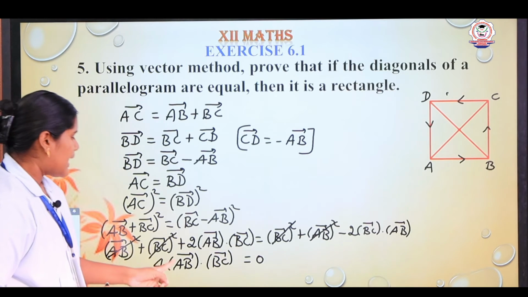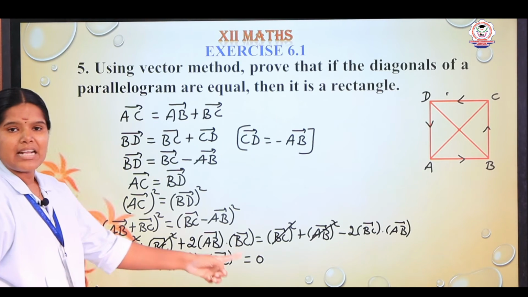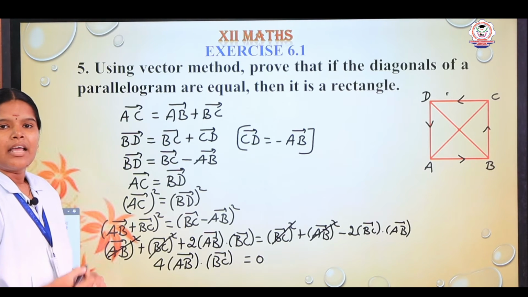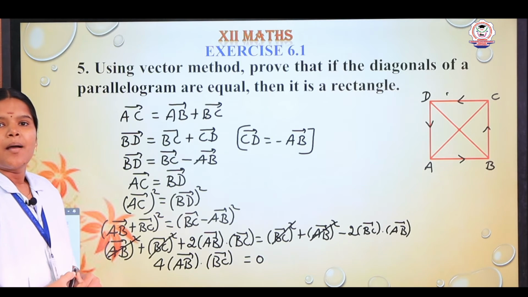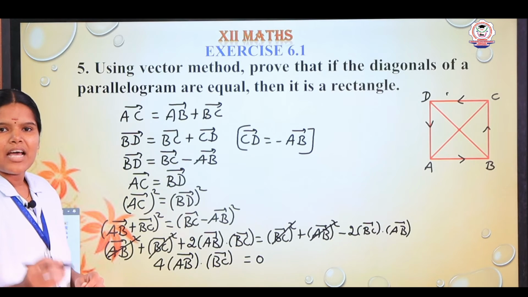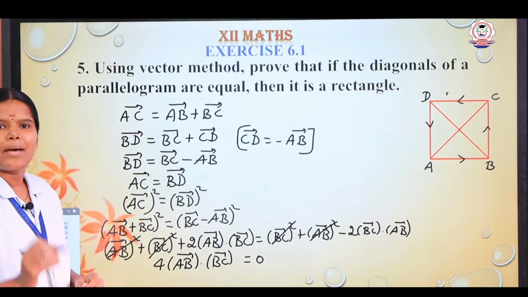So look at this, AB vector dot BC vector is equal to 0. If the dot product of two vectors is equal to 0, the two vectors are what? They are perpendicular vectors. If A vector dot B vector is equal to 0, then A vector and B vector are perpendicular.